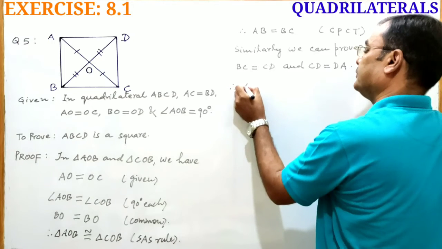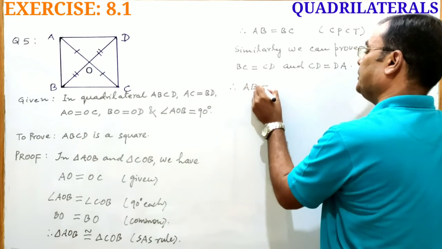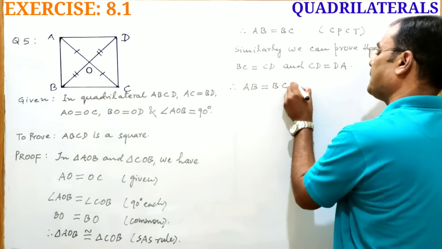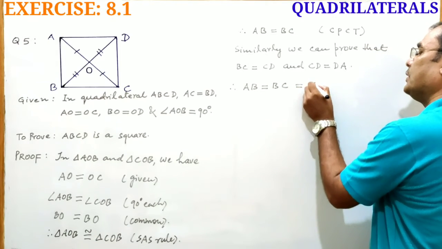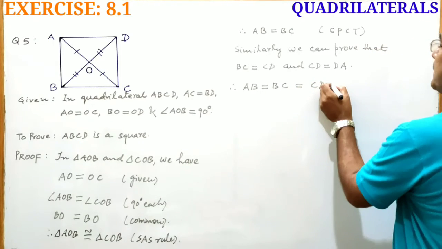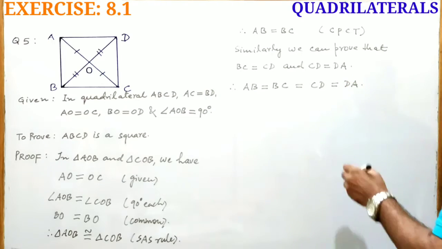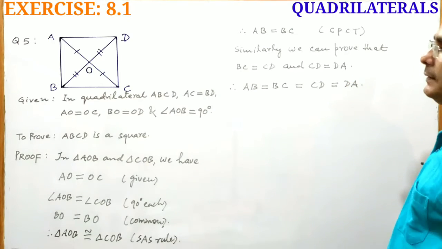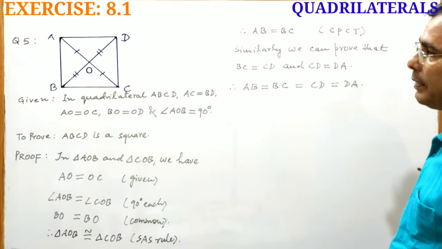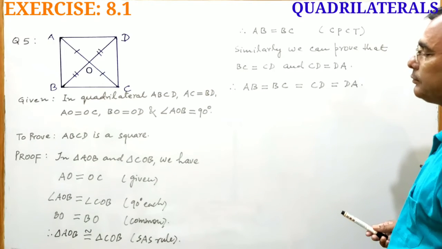Therefore, AB is equal to BC is equal to CD is equal to DA. Four sides of quadrilateral ABCD are equal.